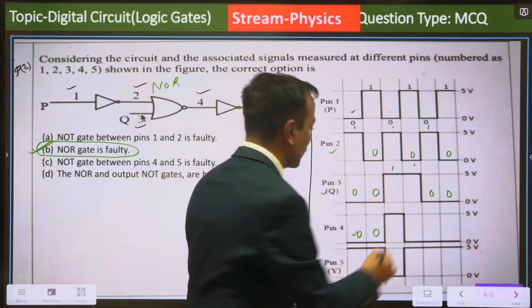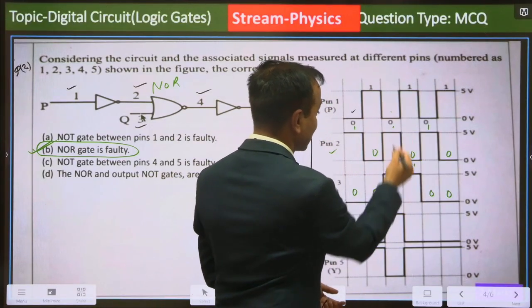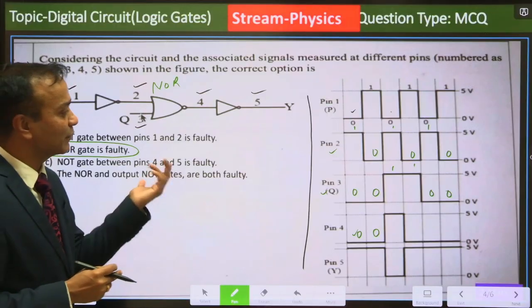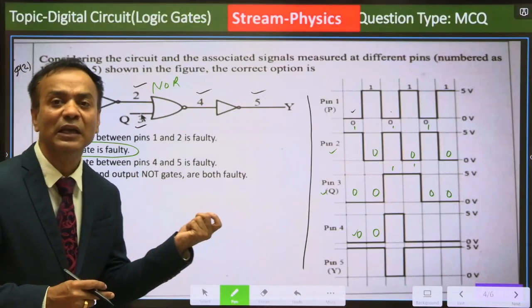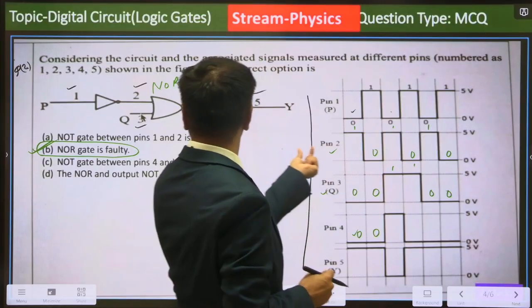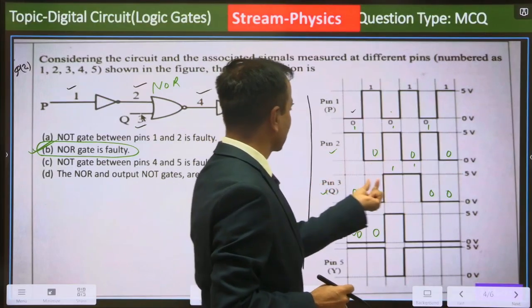So here pin 2 is having 1, here it is 1. If both are 1, but if there is any one, the output should be 0. So for the third one, pin 2 is having 1 and pin 3 is given 1.